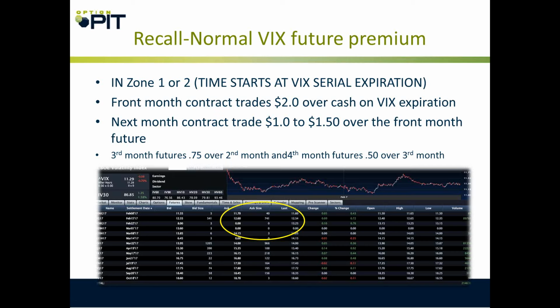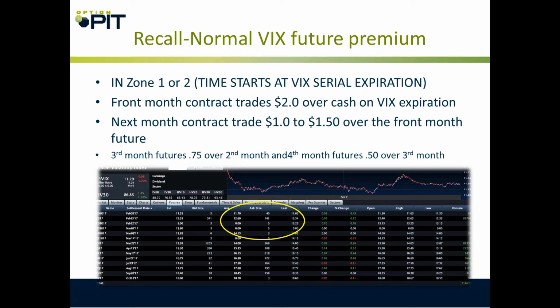Okay? So, observation again. Normally, you're in zone 1 or zone 2, your front month contract should be about $2 over the VIX on expiration. So under normal circumstances, my March contract, next week, should be about $2 over wherever the cash is.